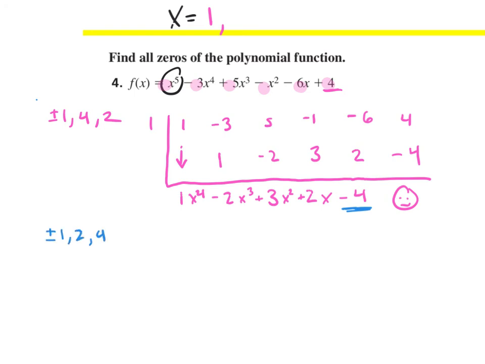What's going to go inside of our box? One, negative 2, 3, 2, and negative 4. Well, what do we want to try first?